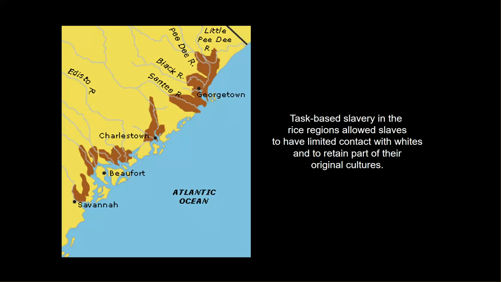They do have a little more day-to-day autonomy than slaves in the Chesapeake because they're not usually working under overseers. The larger structure of their lives was established by slavery. But because they lacked that constant oversight, they were able to maintain a little more of their traditions than slaves in the Chesapeake could.